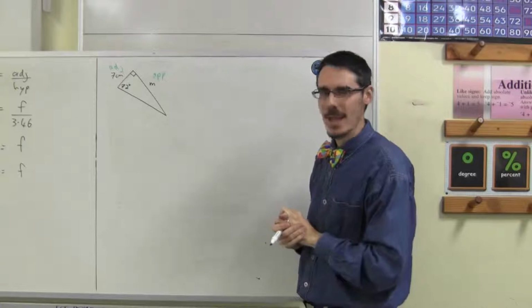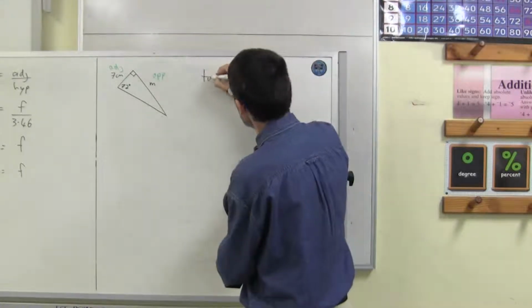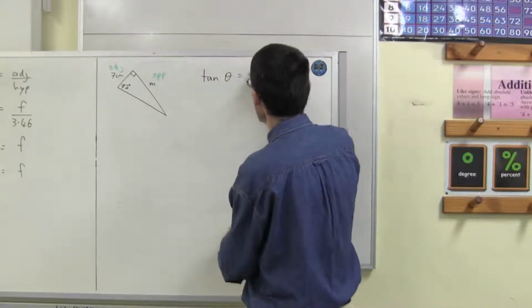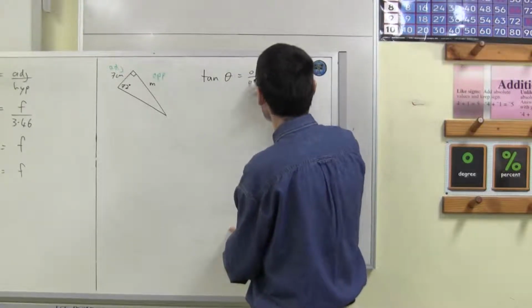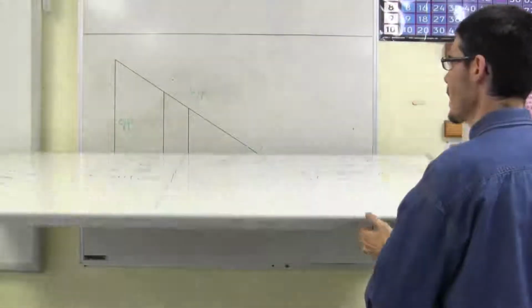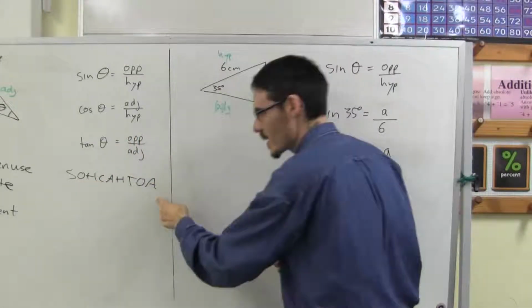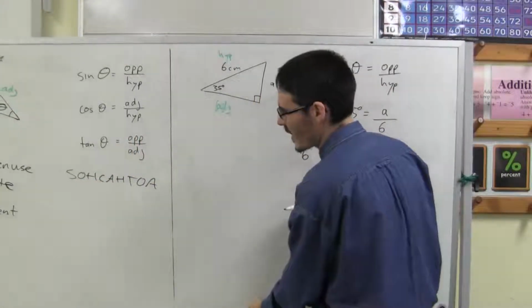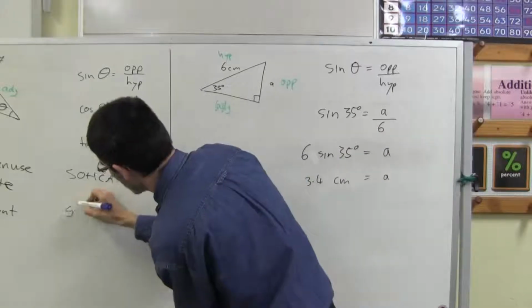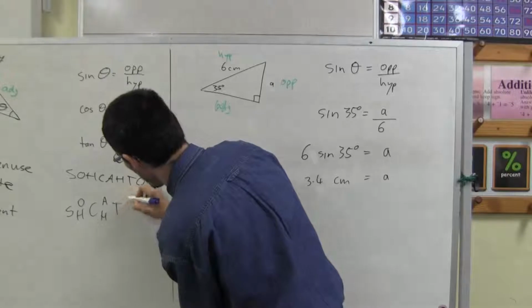Opposite and adjacent is tan, TOA, their old age. So, tan theta is opposite on adjacent. And if you need to, go back to where you wrote it down the first time, or write it down again, or just write SOHCAHTOA. You might even like to write it like this. Some old hags can't always hide their old age.